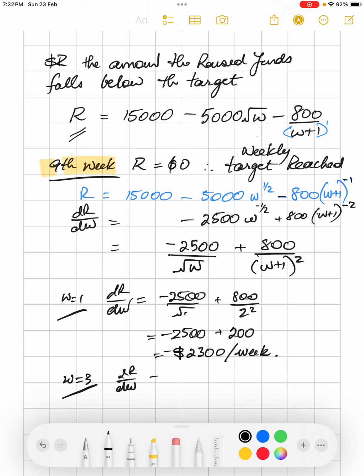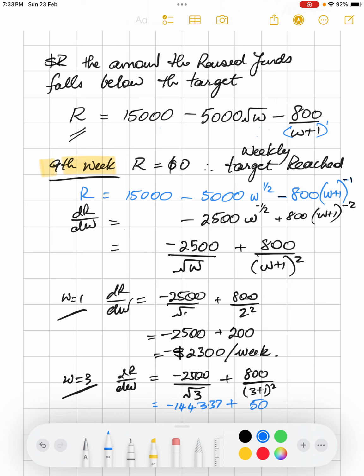Substitute that into dR/dW. So negative 2,500 over square root of 3 plus 800 over (3 plus 1) squared. So that's 4 squared is 16. 800 divided by 16, that's about 50. And I'm going to get my calculator here. 2,500 divided by square root of 3 equals, that's about negative 1443.37.